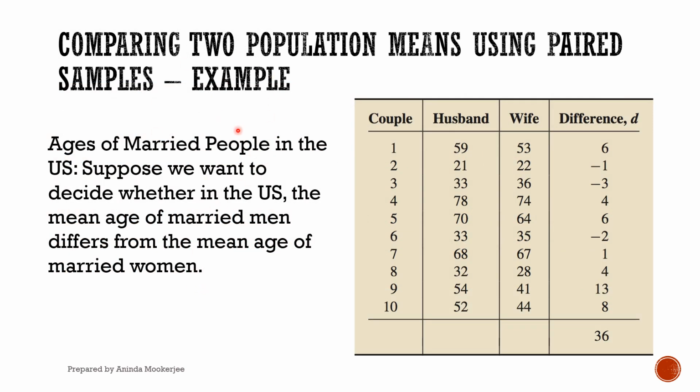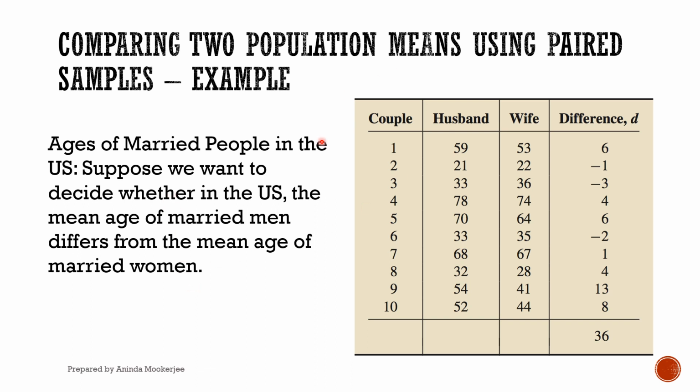So let's look at this example study. It says comparing two population means using paired samples. What are we studying? The ages of married people in the US. Suppose we want to decide whether in the US the mean age of married men differs from the mean age of married women.